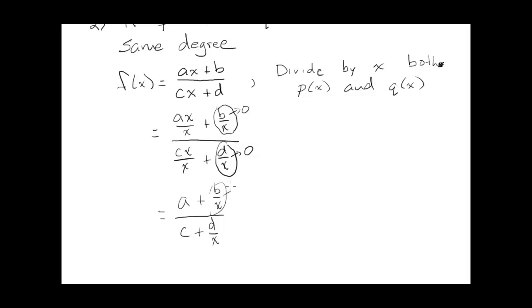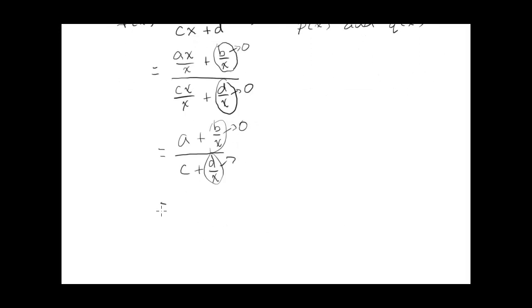Both these things go to 0. And then a and c are constant, so you're going to get a over c. So that's what it's going to end up approaching, right? As x approaches infinity or minus infinity, y will approach a over c.